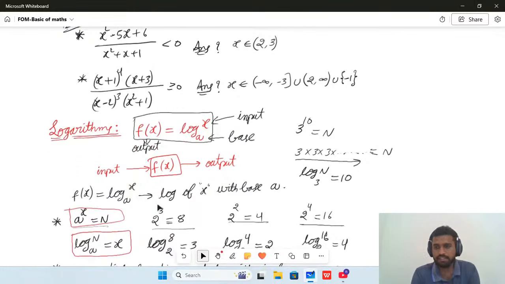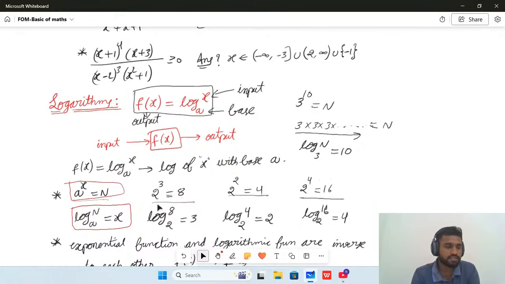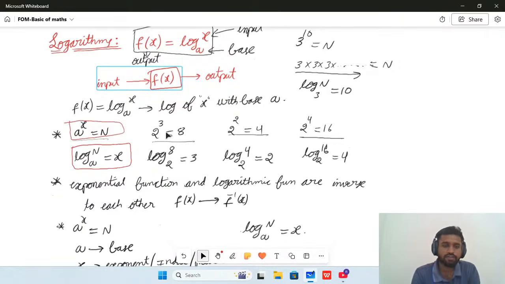And the third session of basic maths we started logarithms. So what is a logarithmic function? Basically, any function will take input and it will give output. That is the work of any function. Logarithm also will take some input and give some output, and it is another way of writing the exponential function.